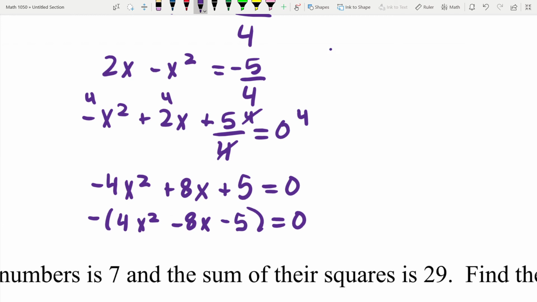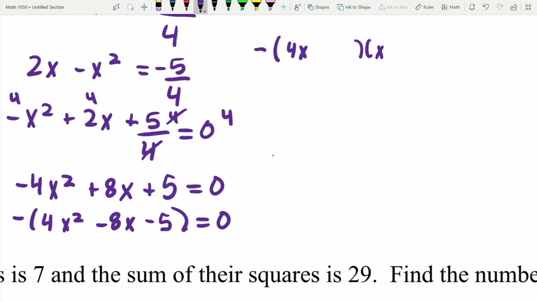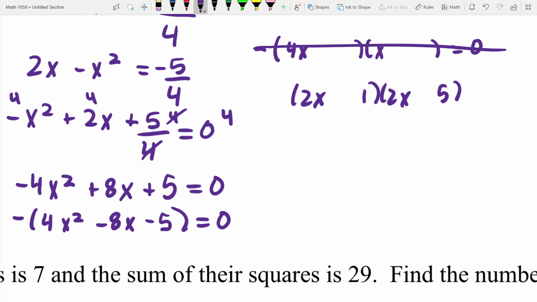Okay, take out a negative. So the 4x to the second goes to a 2x and a 2x, the way I set it up.